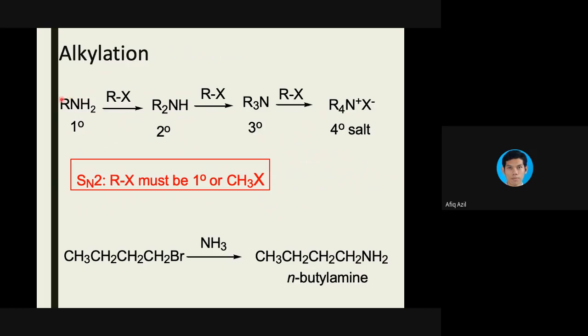Here you have RNH2, primary. You can convert it into a secondary amine by reacting with RX. What is RX? RX is an alkyl halide. Once you have your secondary amine, you can convert it into a tertiary amine by reacting again with an alkyl halide.